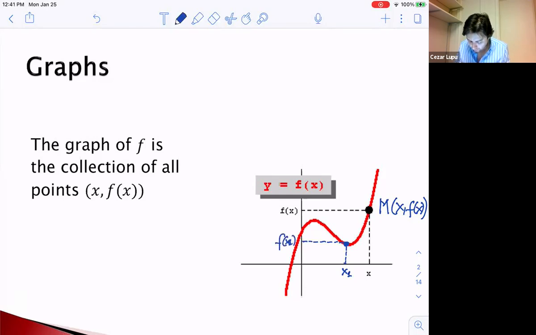So here will be the point, let's say N, of coordinates x1, f of x1, right? And so on. You can consider some other points here as well. For example, this goes all the way here, right? So the collection of all such points will be what we call the graph of f.